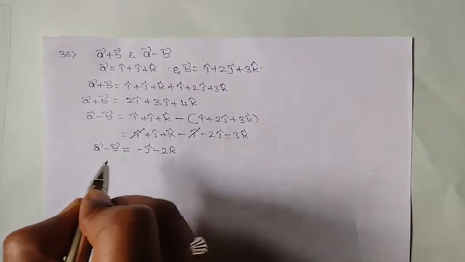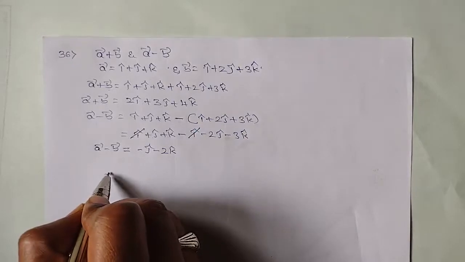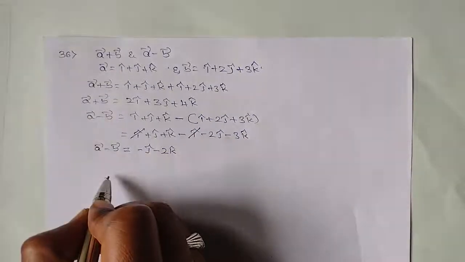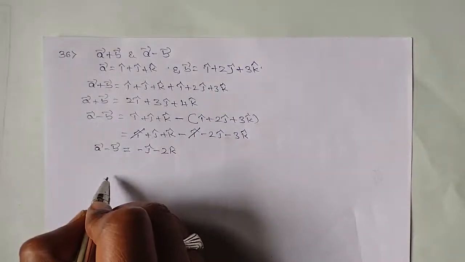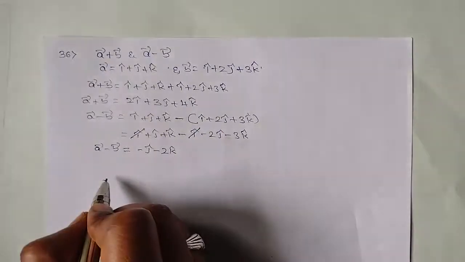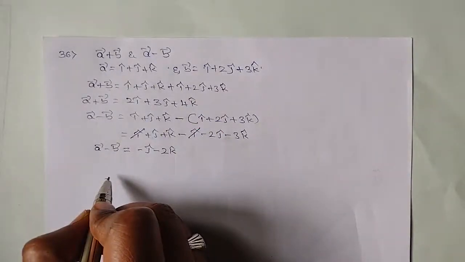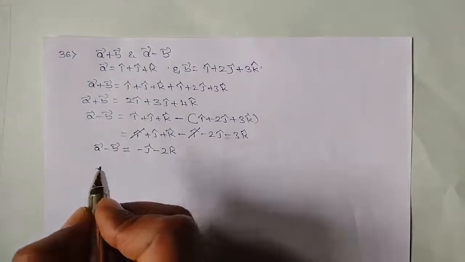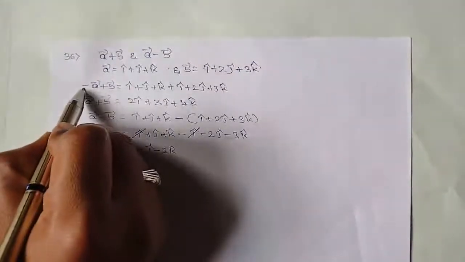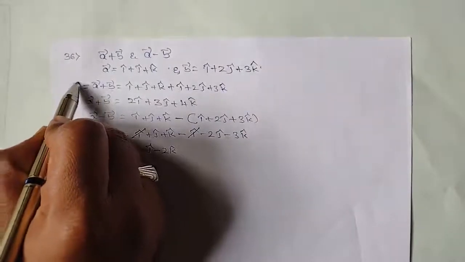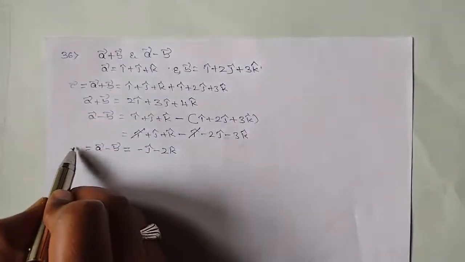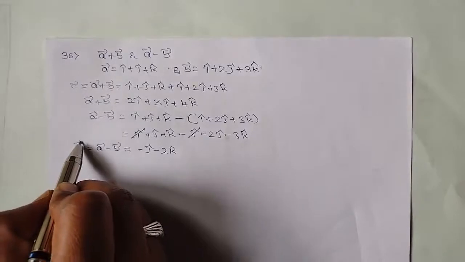Clear? So we have to find the unit vector. The unit vector formula is given by n cap is equal to c vector cross d vector divided by the magnitude of c vector cross d vector. This a plus b vector we can call the c vector, and this a minus b vector we can call the d vector.